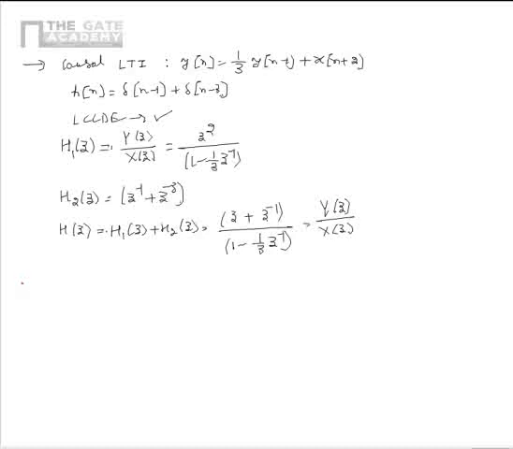As the individual systems are causal, the overall system would be causal as well. So we see that the LCCDE can be simplified by taking the inverse z transform. Y of n minus 1 by 3 y of n minus 1 is equal to x of n plus 1 plus x of n minus 1.